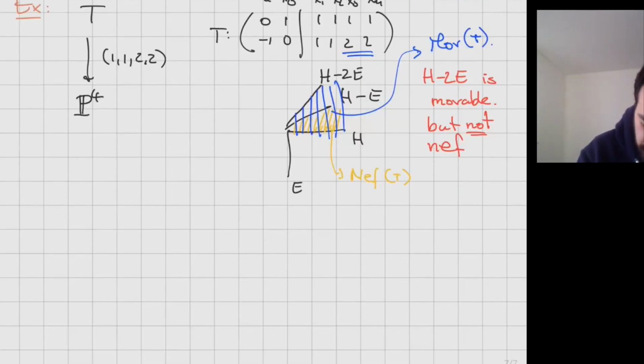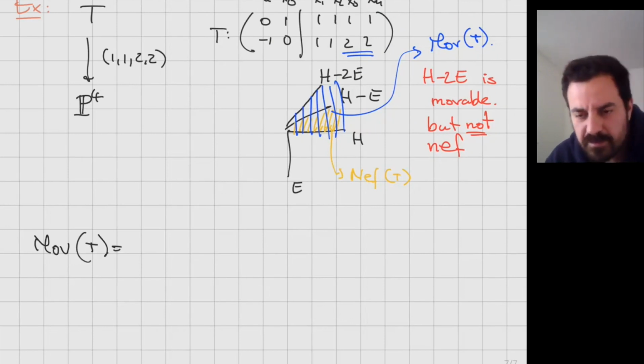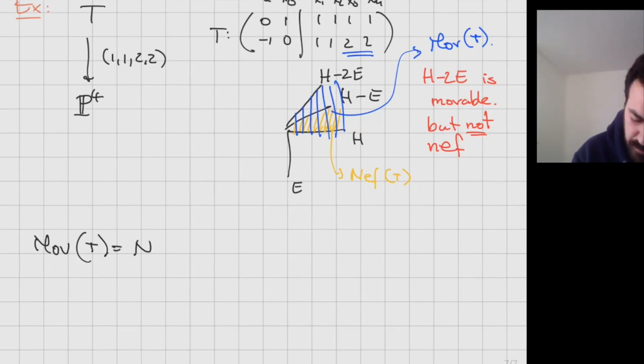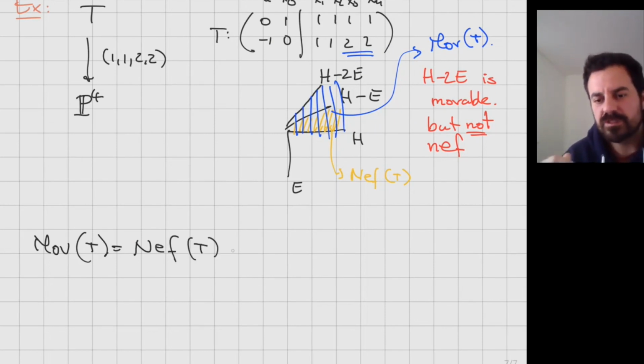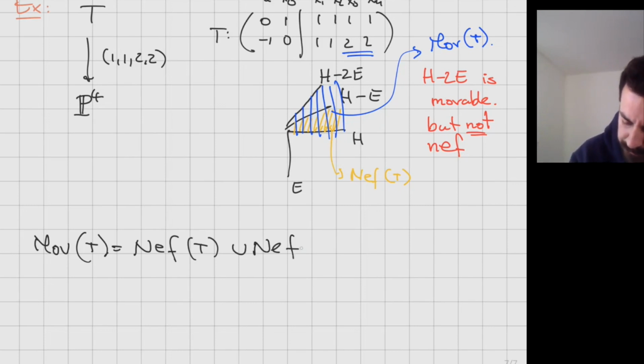Let me just write it down. The movable cone of T is equal to the Neff cone of T union some other chamber. And this other chamber is the Neff cone of T prime, some other variety.